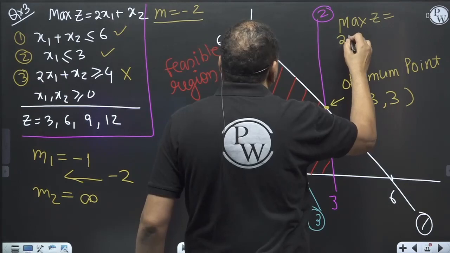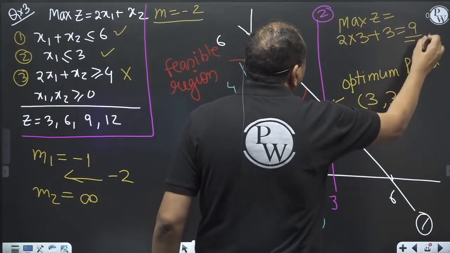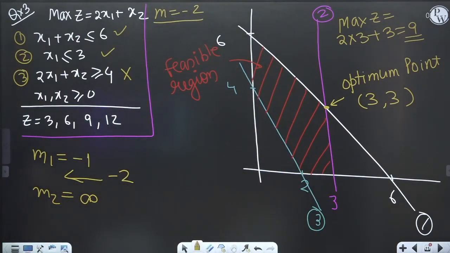Maximum z is 2 into 3 plus 3, which comes out to be 9. So the maximum value of the objective function is 9.